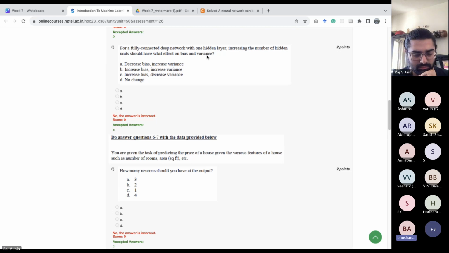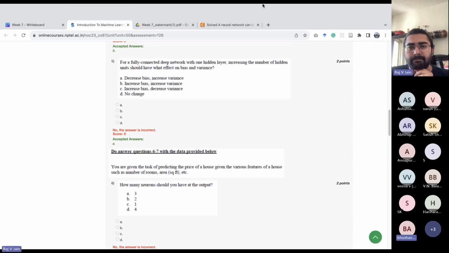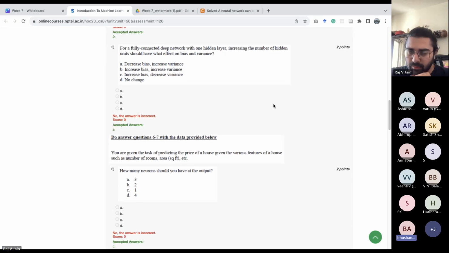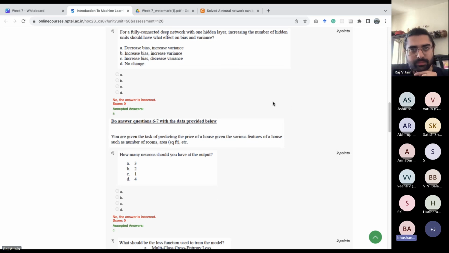That means there is a tendency towards overfitting. Which is better, more depth or more width, is a controversial question, probably a research problem. Once it decreases the bias and tends towards overfitting, the chances are it is going to increase the variance on the test data. That is the logic I used.